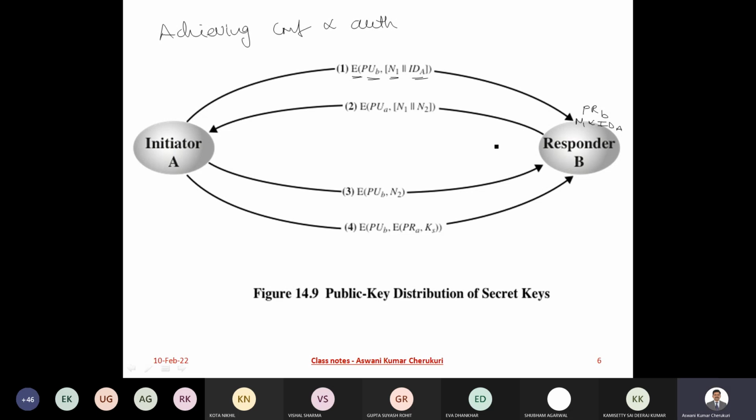Now B is responding back with an encrypted communication with the help of the public key of A, containing the N1 that A has sent, the nonce of A, and B introduced the nonce of B, another nonce.